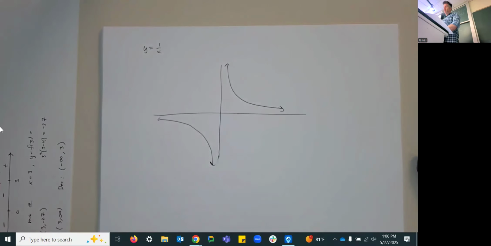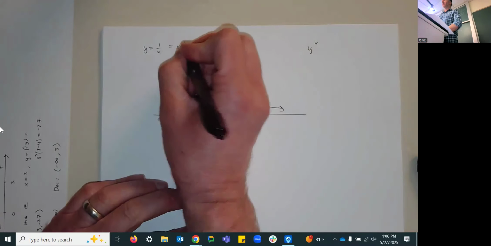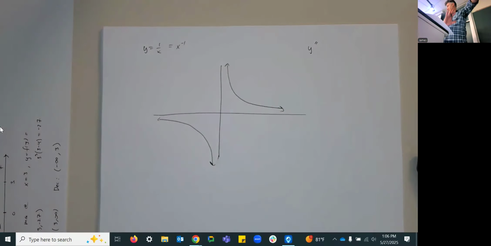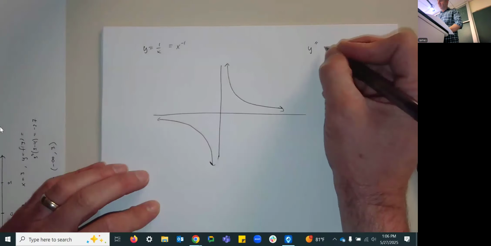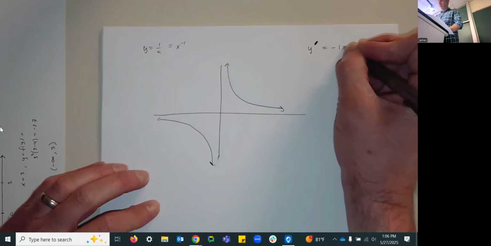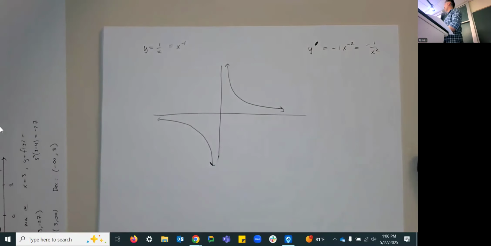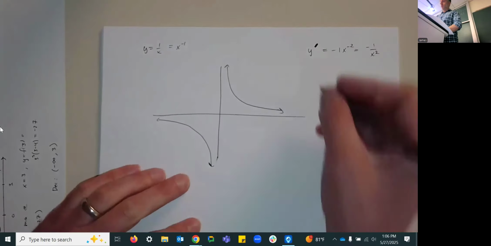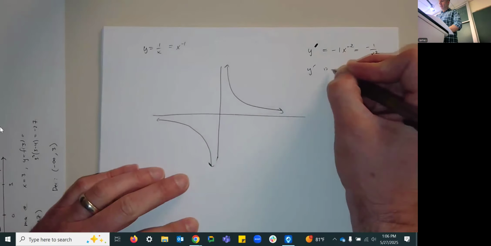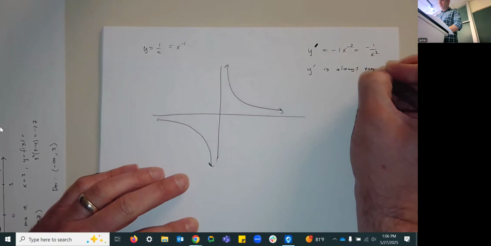Well, let's look at our derivative. I know I'm going off on this tangent here. I promise to come right back. Our first derivative is negative 1 times x to the negative 2nd, or negative 1 over x squared. And I would point out that for any value of x except 0, that derivative is always negative. So y prime is always negative, except at 0.